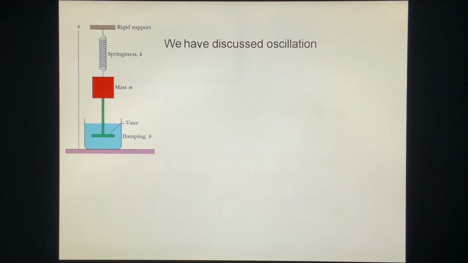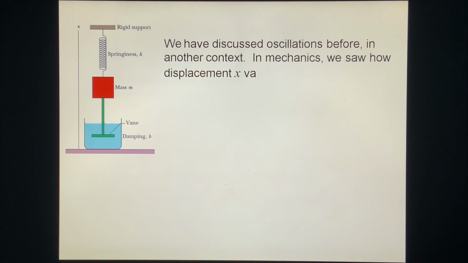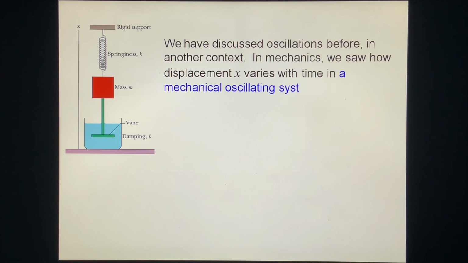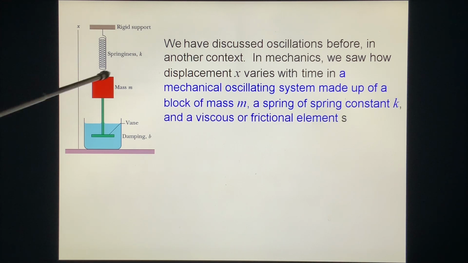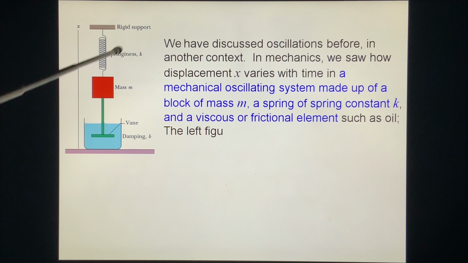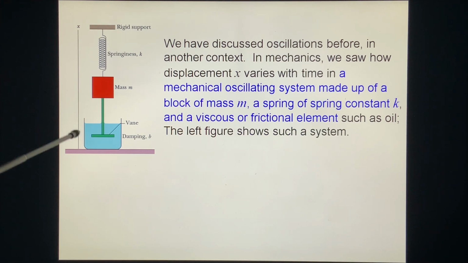We have discussed oscillations before in another context. In mechanics, we saw how displacement x varies with time in a mechanical oscillating system made up of a block of mass m and a spring of spring constant k, and a viscous or frictional element such as oil.